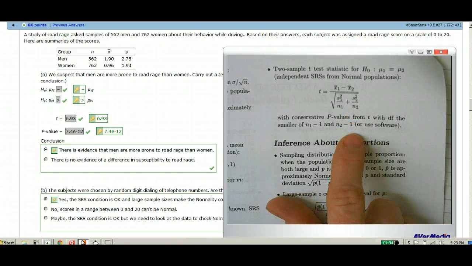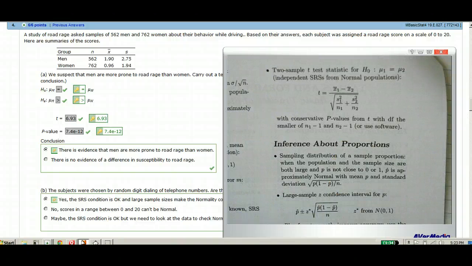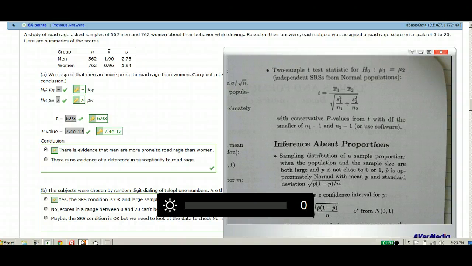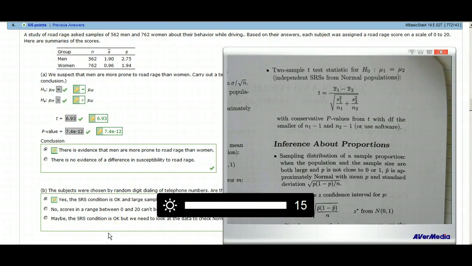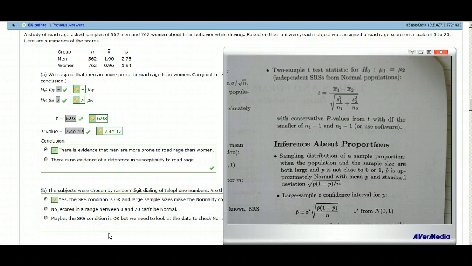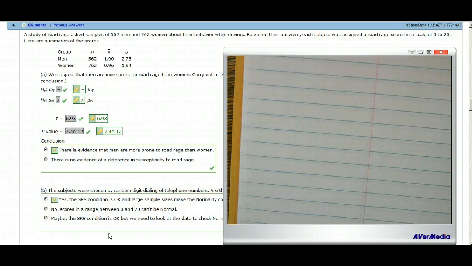And for degrees of freedom, we're going to be using whichever one's smaller, n1 minus 1 or n2 minus 1. And if the degrees of freedom row isn't in your table, make sure you're using always a smaller degrees of freedom, never round up, because then that's less conservative.